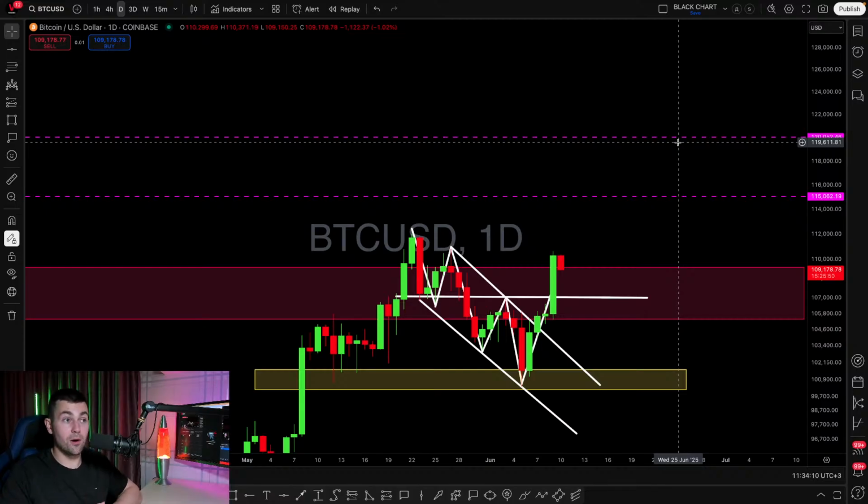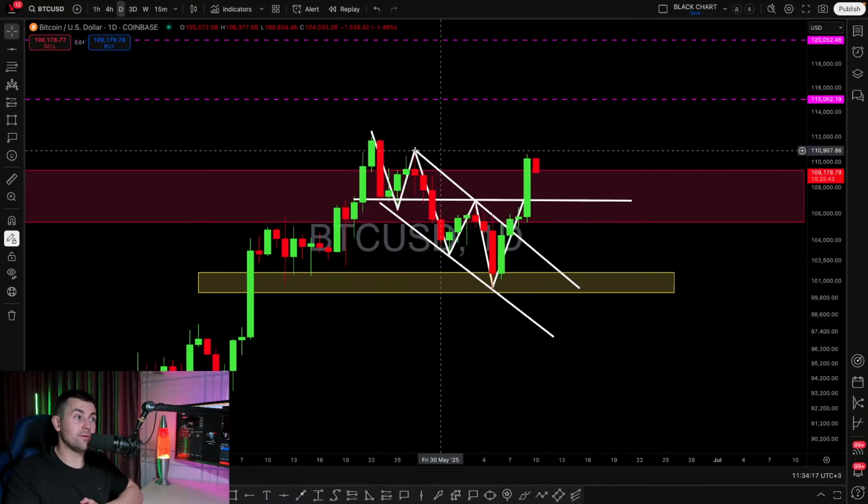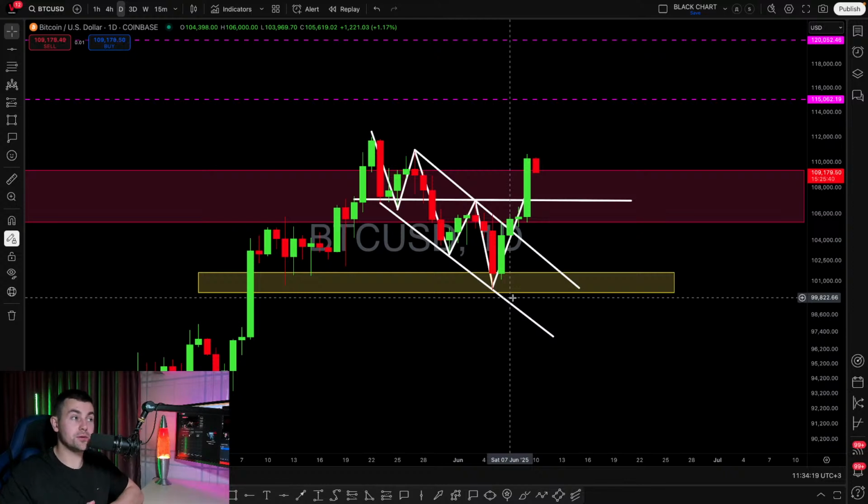These two levels are the closest potentially strong psychological levels, and the fact that we have multiple strong intraday and daily bullish confirmations indicate that we are going to go higher, and that soon this 115,000 level is going to be reached. So I am very bullish, and I do believe that the market is going to continue rising.